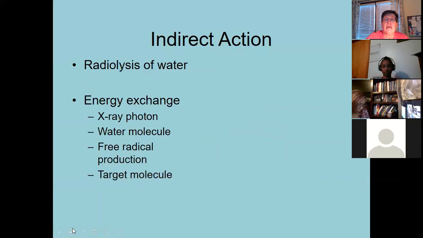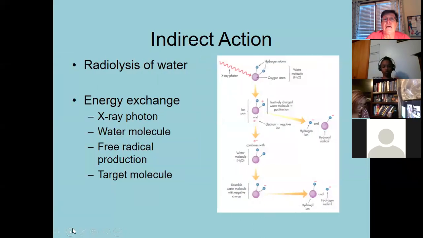So indirect action is referred to as the radiolysis of water. And this begins on page 122 in the textbook. And again, the diagram shown here is on page 123.